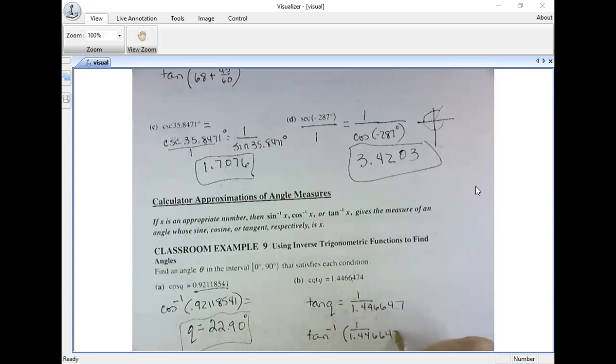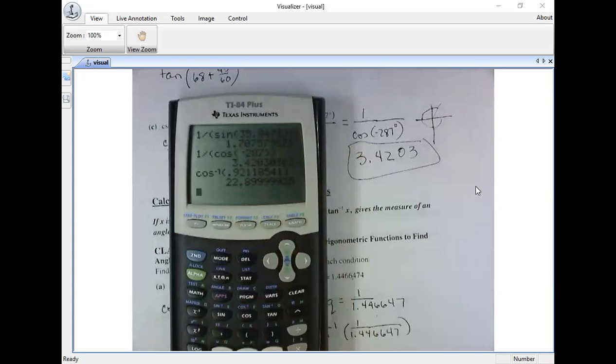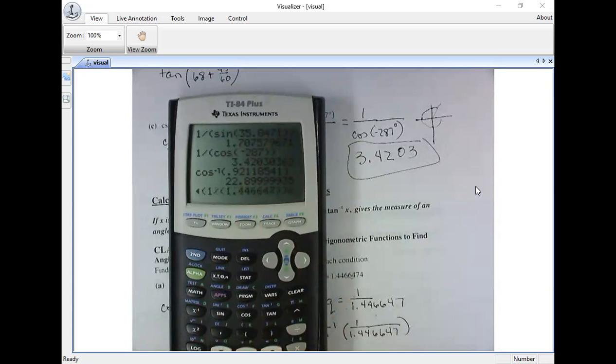Does that make sense? So I used my reciprocal function first, and then I can take the arc tangent. So let's see what we get when we do that. If we do second tangent, and we have 1 divided by, and then the denominator is 1.446647, that looks like this would be about 34.65 degrees for angle Q.